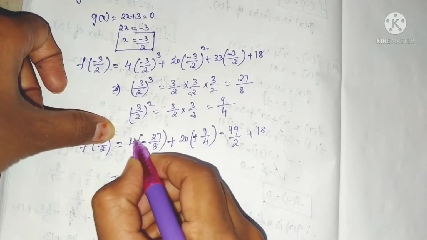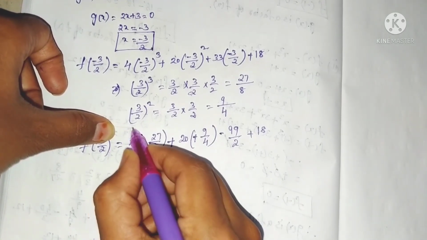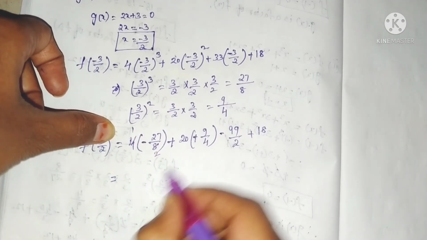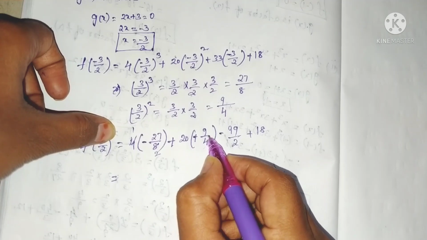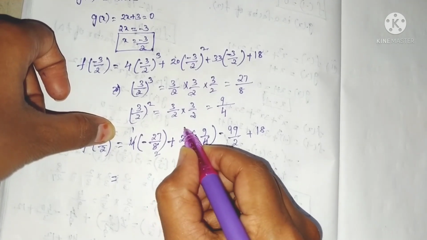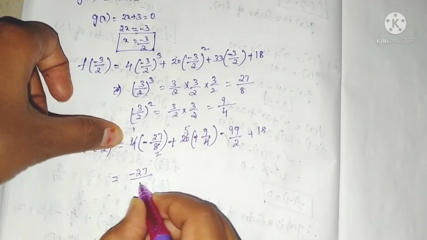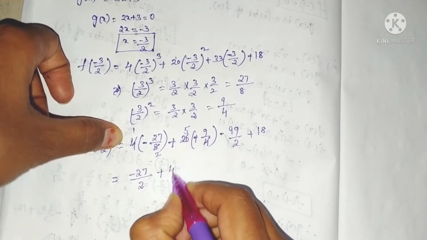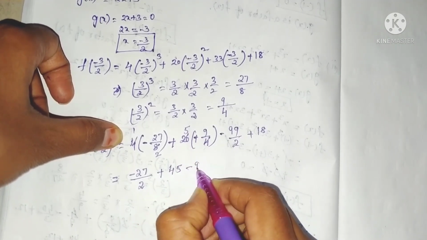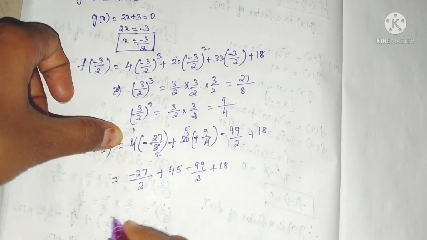So here you see 4 ones and 4 twos. Here also you can cancel 4 ones and 4 fives. So the remaining will be minus 27 by 2 plus 5 nines are 45 minus 99 by 2 plus 18.